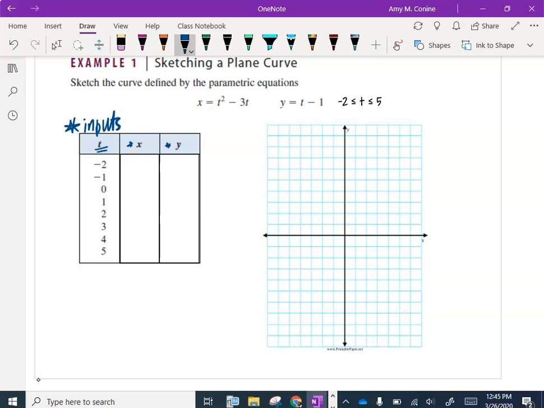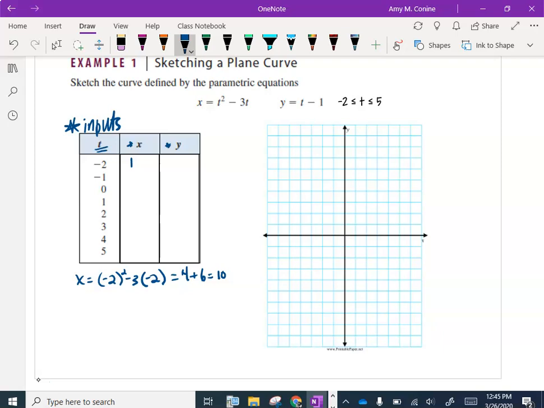So for x, for -2, x equals (-2) squared minus 3 times -2, and then we get a value for x. That's 4 plus 6, we should get 10.